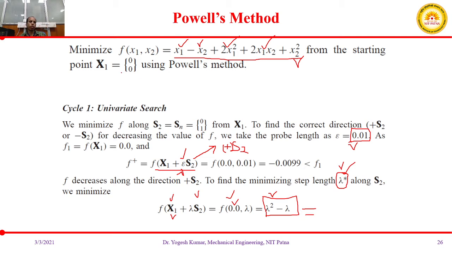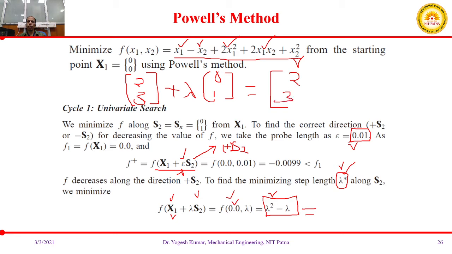Exactly, we need to put the same value. Suppose we have (2, 3) as the first value, then the second will be lambda into (0, 1). For convenience we have taken (0, 0) so that you are able to understand it easily. Otherwise these values would become 2 and 3 plus lambda.